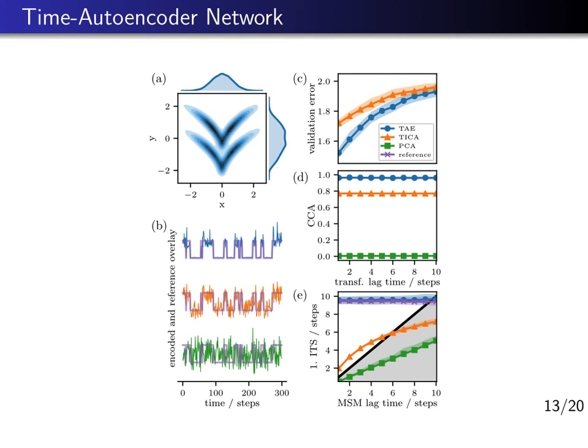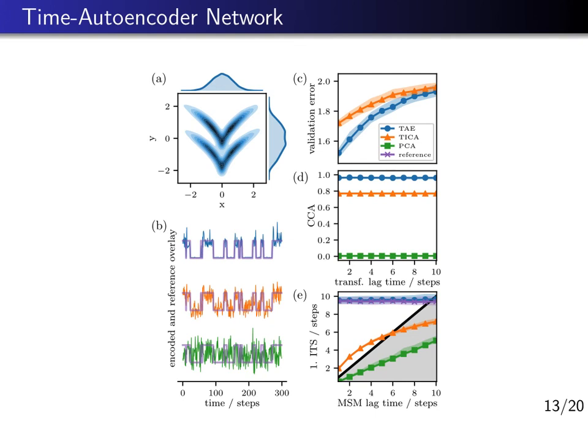So the green curve shows the result of PCA. I basically don't see at all that there are slow and fast processes in the data. It all looks like Gaussian noise, or at least like noise. In the yellow curve, you see the result from TICA. So here you already see that there are slow and fast processes, so that there are two metastable states, within which we have noise and between which we transition slowly, but the states are not very well separated.